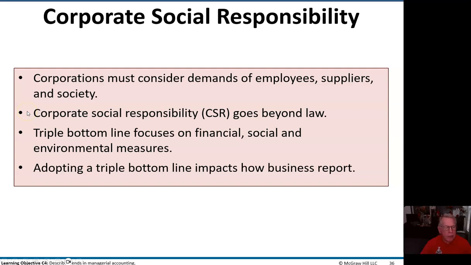Employees are impressed when we work to practice this CSR. Triple bottom line focuses on financial, social, and environmental measures. And that's good business in my experience. And adopting a triple bottom line impacts how a business reports things.